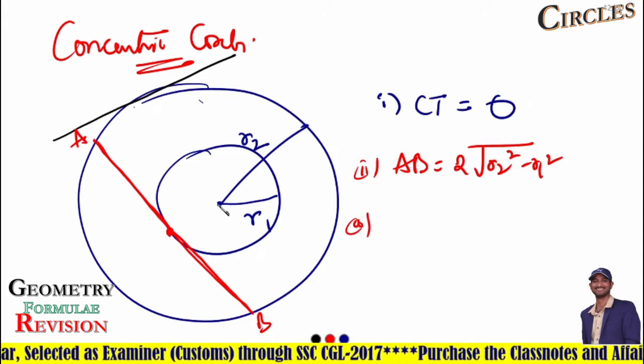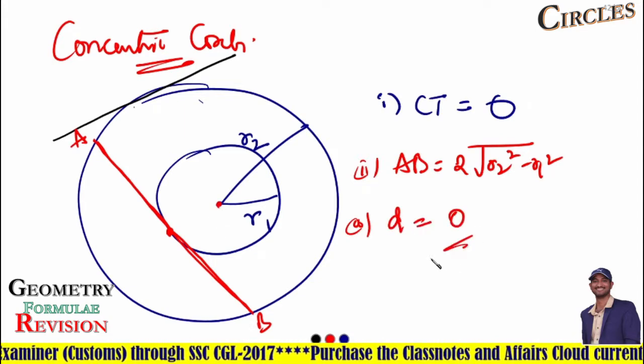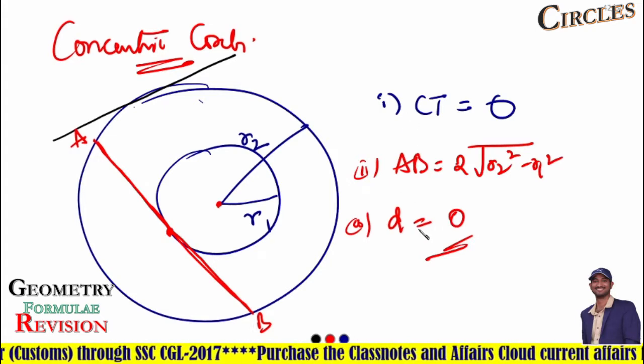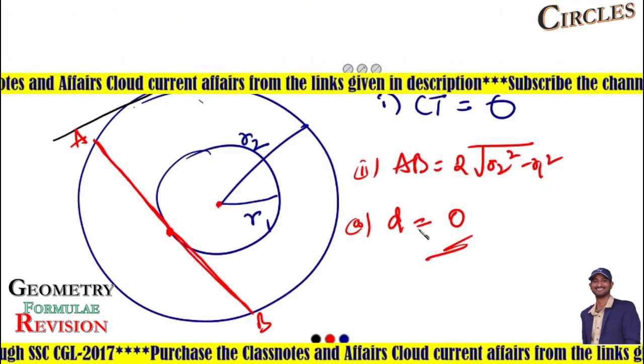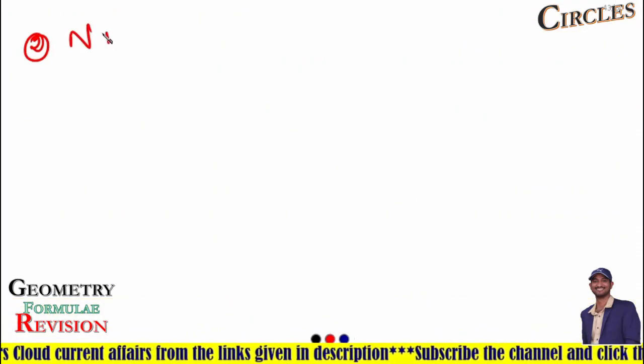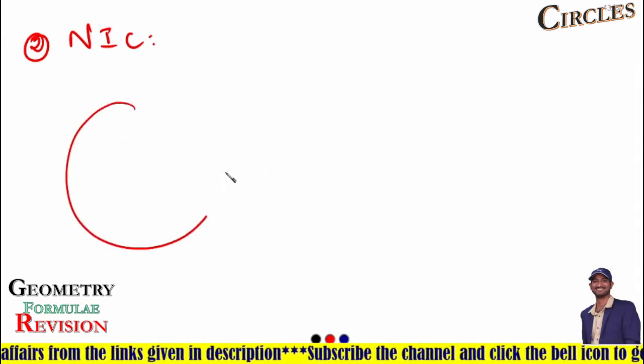And what about the distance between the centers? Since they have the same center, the distance between the centers is 0. These three formulas are sufficient in concentric circles. Next type is non-intersecting circles. Non-intersecting circles means like this.